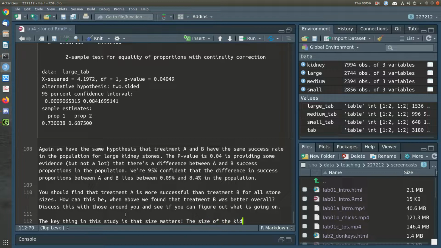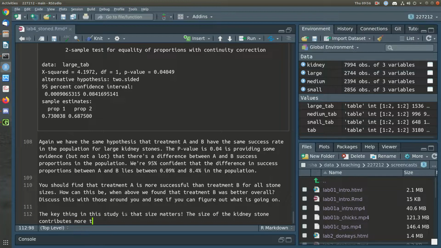The size of the kidney stones contributes more to the outcome than the treatment type.